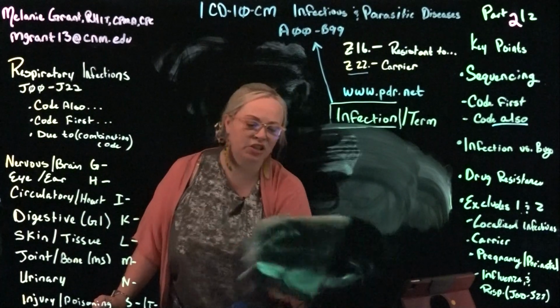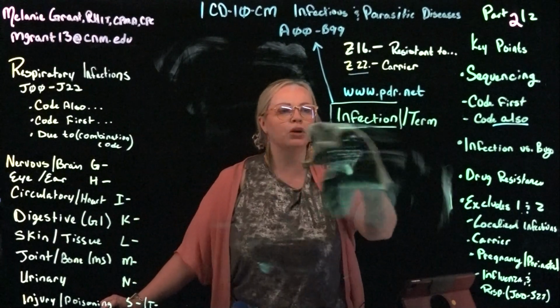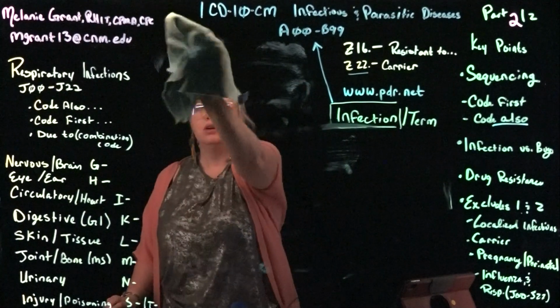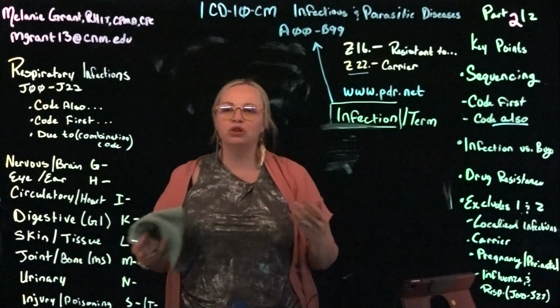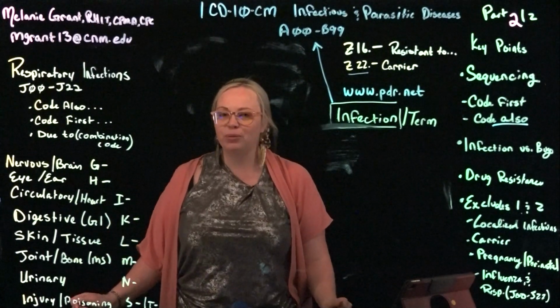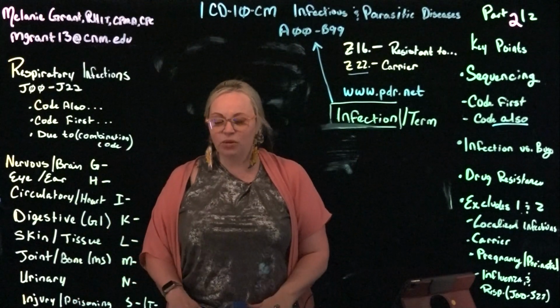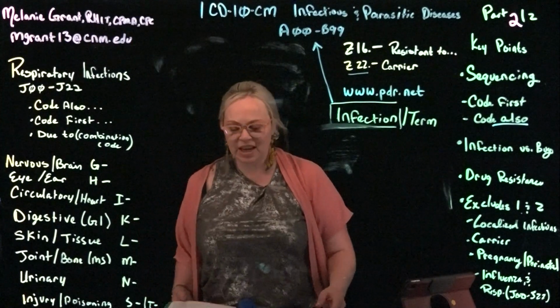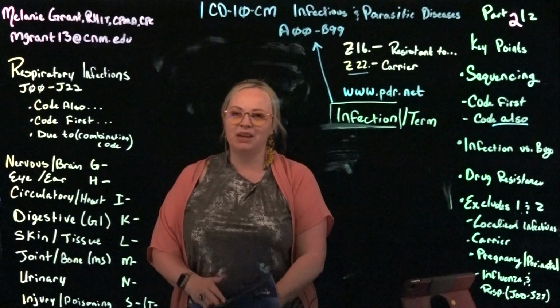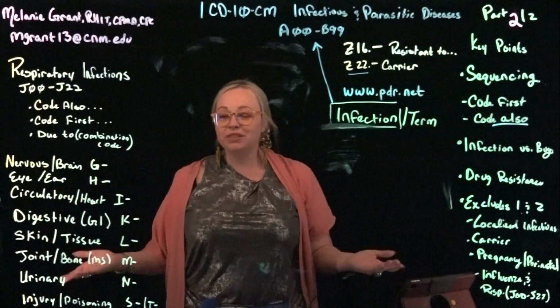Use the term infection to help you find it, or if you have a specific type of infection, use that first. Pay special attention to your use also or use first notes because they're going to help you in finding the code. And of course, always reference your guidelines as you go because they will give you information on areas that you may have missed. That's all for today.